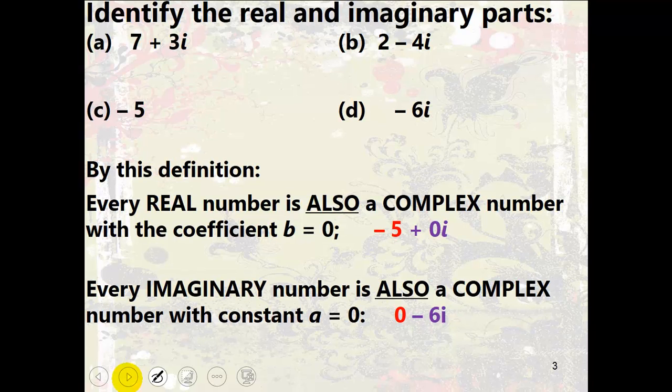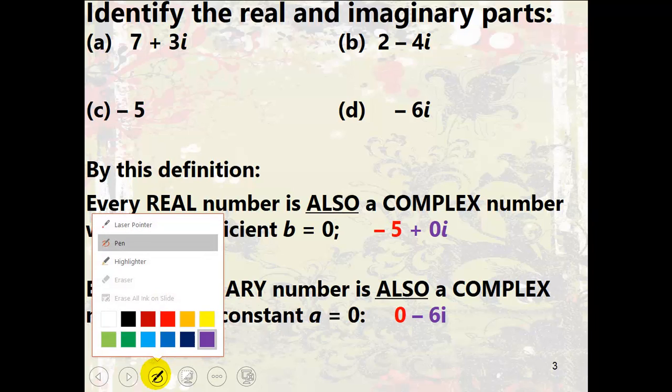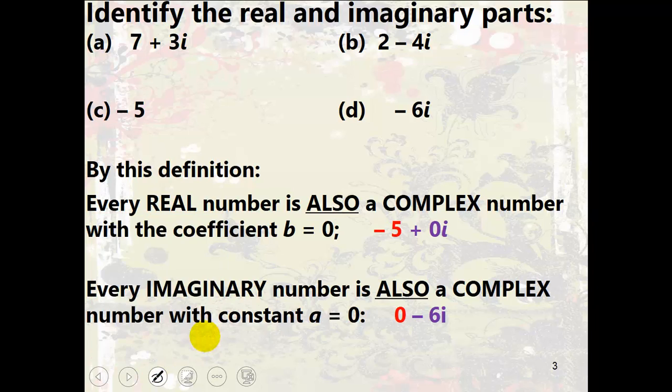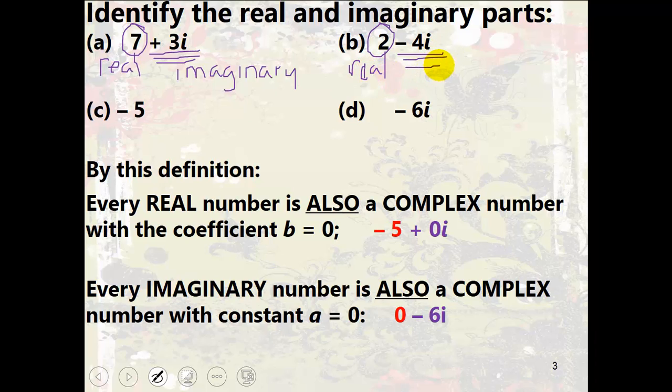Let's first start by just practicing identifying the real and the imaginary parts. So what I'm going to do is circle the real part. So 7 is my real component, and I'm going to underline my imaginary. 3i is my imaginary. For example B, 2 is my real, and negative 4i is my imaginary. Getting it?